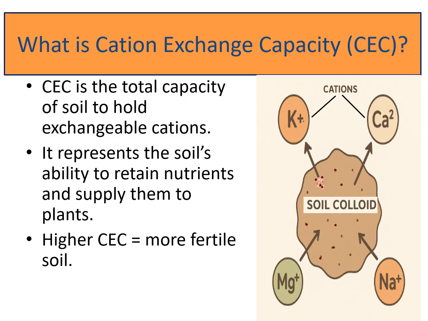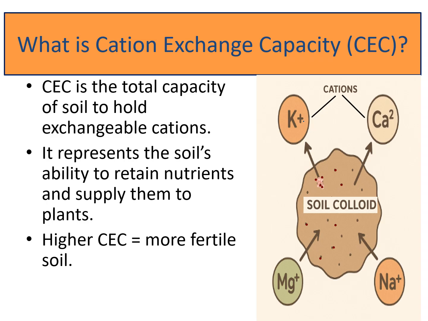So what exactly is CEC? Think of soil as a giant marketplace full of tiny soil particles, clay and organic matter, acting like magnets. These particles carry negative charges, and because of that, they attract and hold positively charged ions, known as cations.